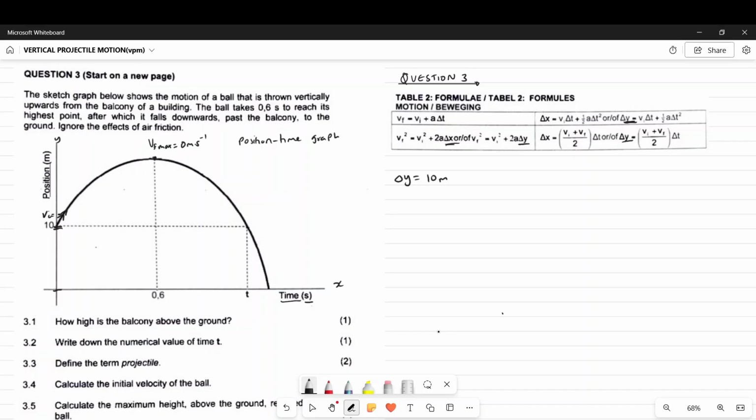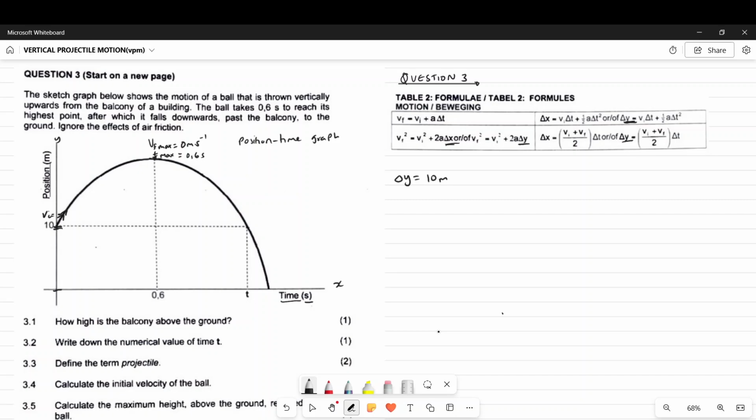The velocity at the maximum height is always 0 meters per second. And t max, the time at the maximum height, is 0.6 seconds, which was given. Okay, that's it. Now let's start answering.